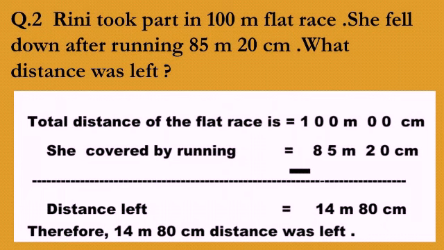As I have already told you, whenever you read the question, you have to know how many units are involved. Here centimeter is also involved, so we can make a column of centimeter also. That's why I have written 100 meter 00 centimeter; as there is no number in centimeters, I have to put 0 in the centimeters place.